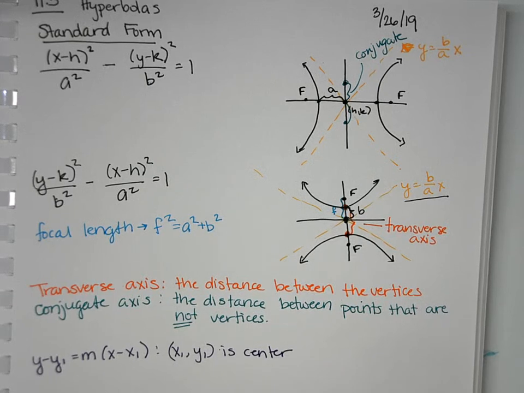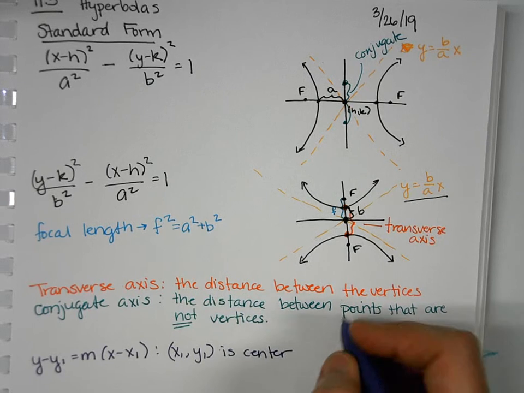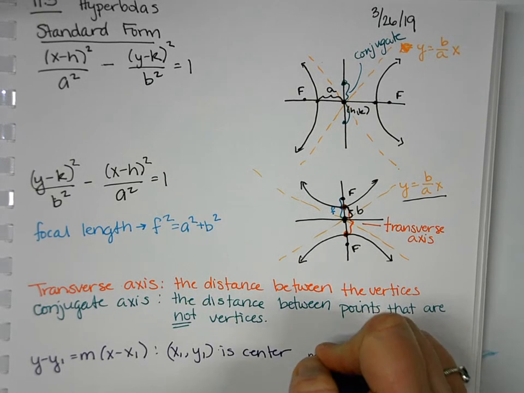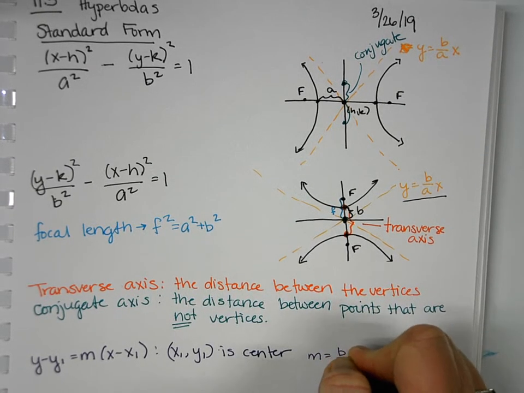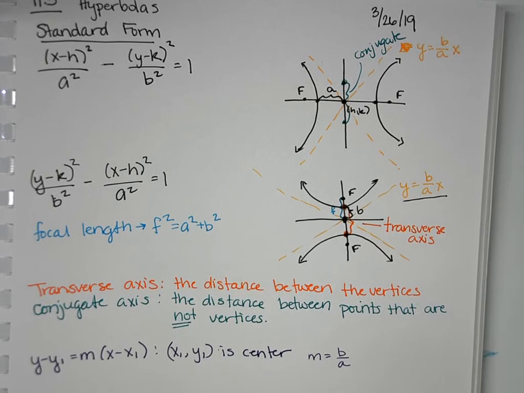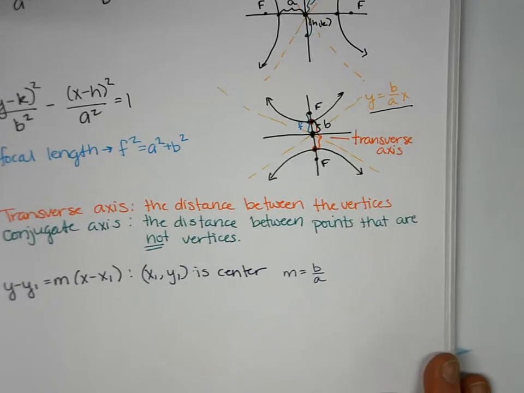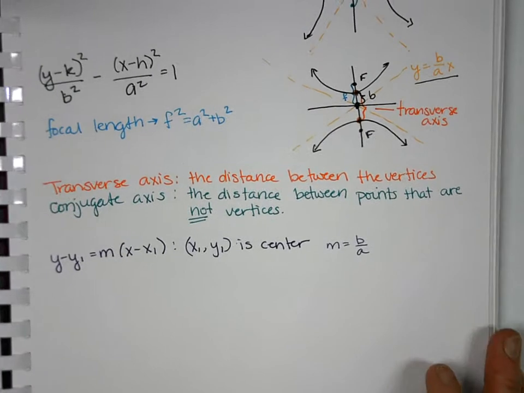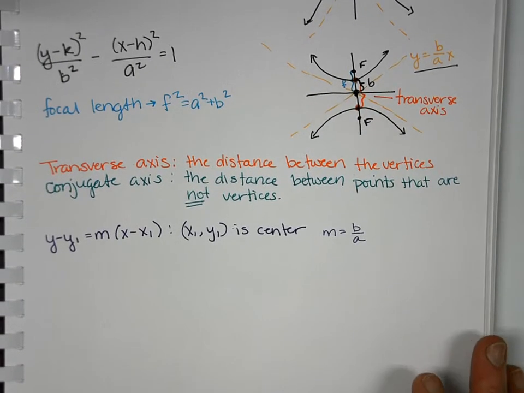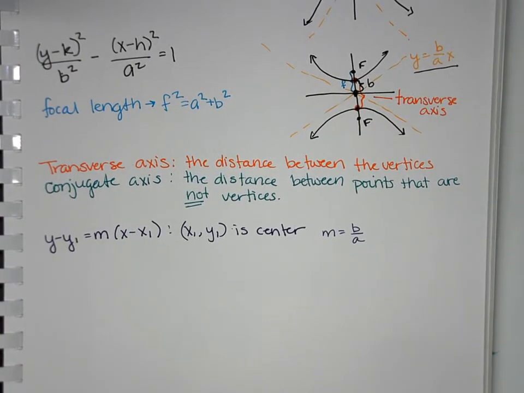So this allows it to be anywhere on your graph, not 0, 0. And then your slope is going to be b over a, where b is the number under y, and a is the number under x, or the square roots of the numbers under y and x. But writing it this way would allow us to move our center outside of the origin, and we can still find it.